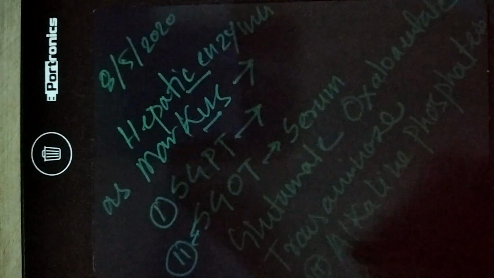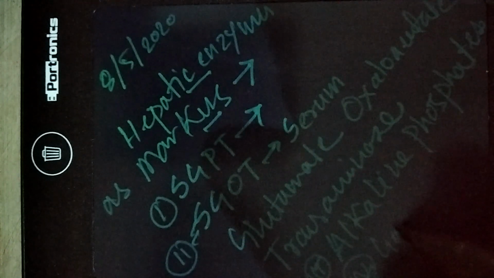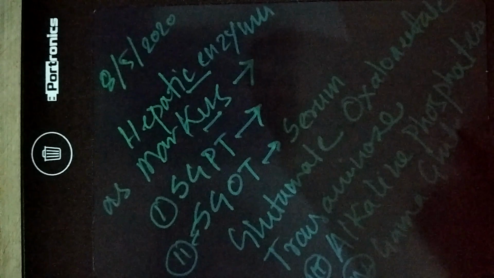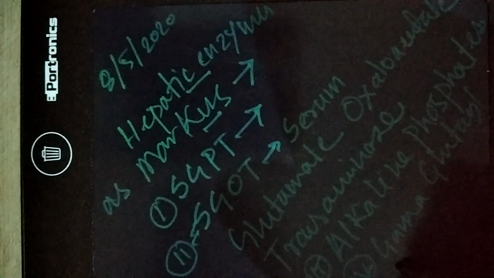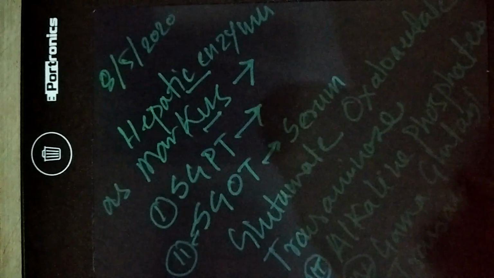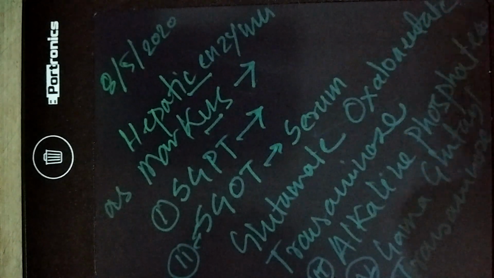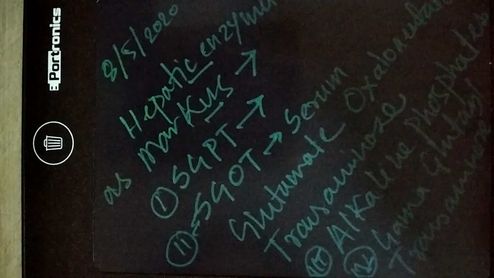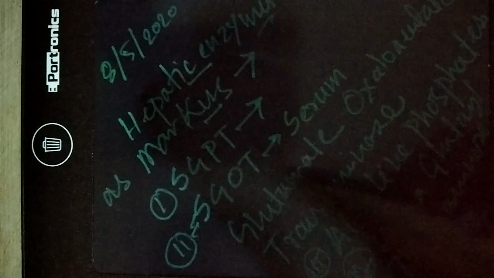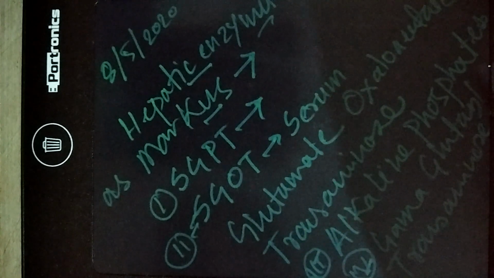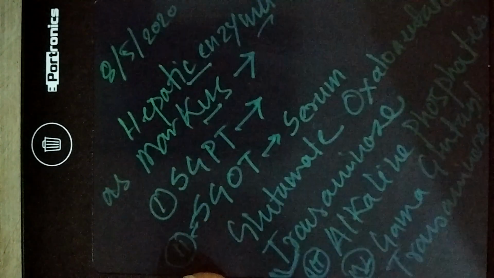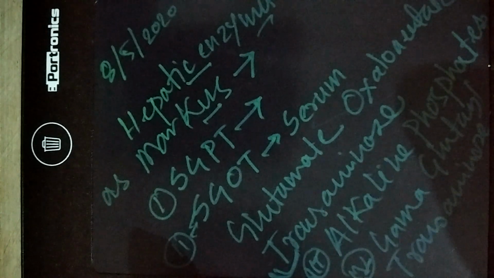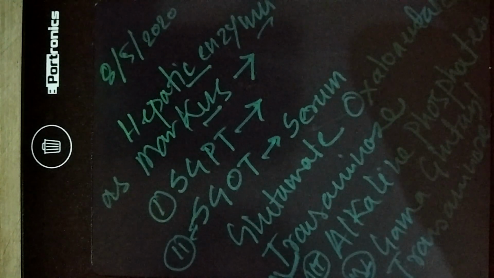One is SGPT, 2 is SGOT, 3 is alkaline phosphatase, and the 4th one is gamma glutamyl transferase. Okay, these are the 4 enzymes which are used as hepatic markers. Out of that, many are transaminase kind of enzymes besides alkaline phosphatase. Okay, we will be dealing with a lot more things regarding these enzymes.